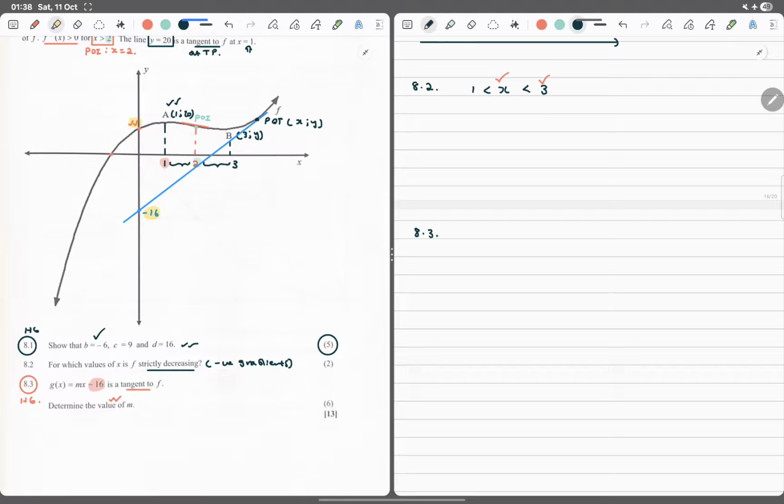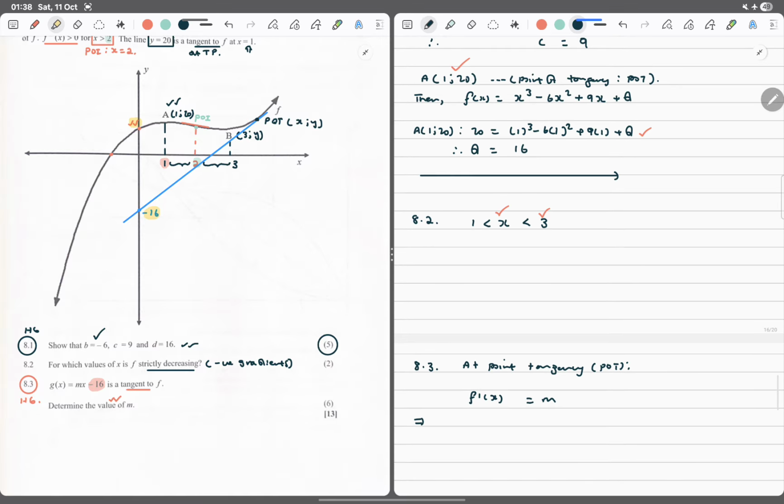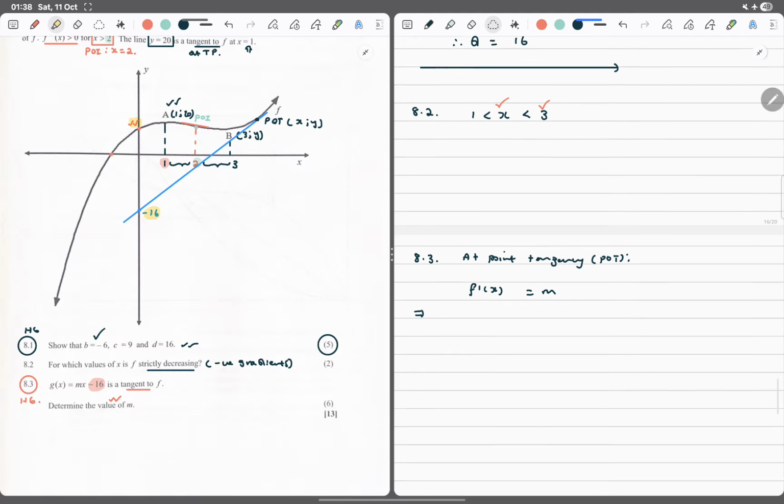Okay, but at the point of tangency, one thing we know for sure. Let's introduce it, like this is the POT. We know that the first derivative of f is going to be equal to the gradient of the tangent, which is m. We differentiate. Okay, we forgot to write our f. Excuse me, guys.